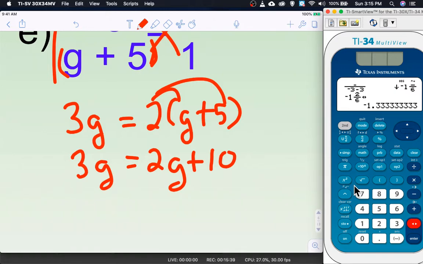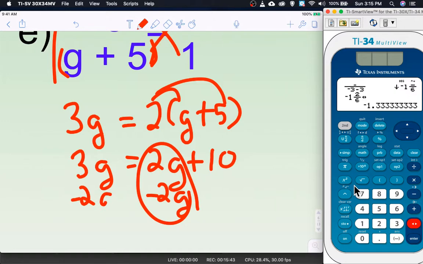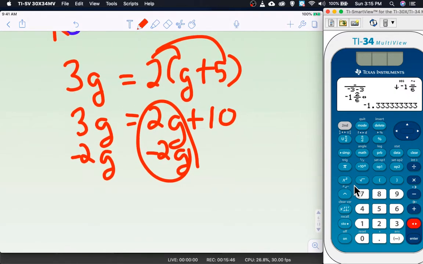I'm going to get rid of the variable on the right, so I'm going to subtract 2g on both sides. We got g equals 10, and if you kept your 1 here, that's okay. You don't need it, but that's okay. Remember that any variable that you don't see a number in front of means that there is one of them.